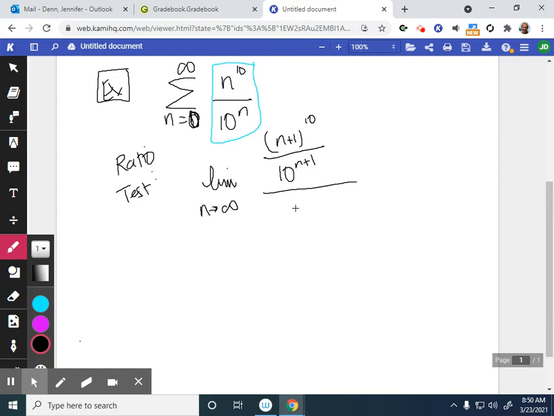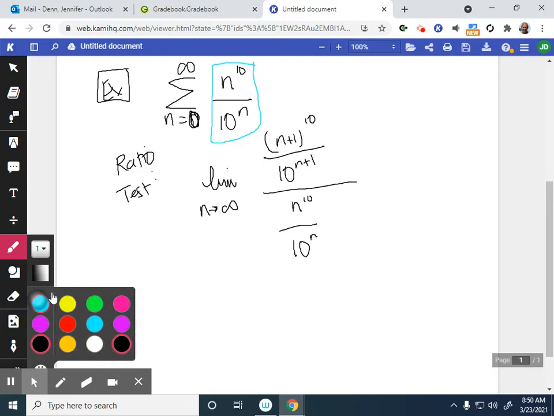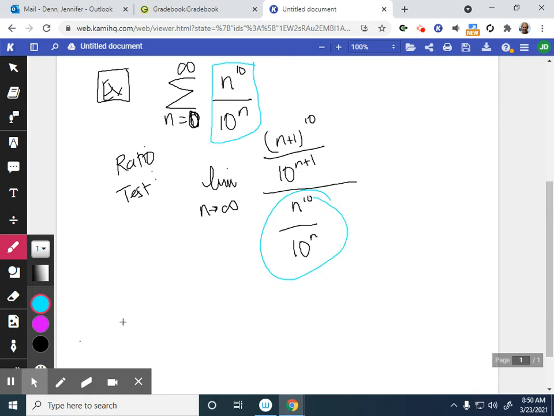And the bottom is going to be the exact same series I see here. Next step is to flip that bottom fraction and use multiplication. So I'm going to have the limit as n approaches infinity of n plus 1 to the 10th over 10 to the n plus 1 times 10 to the n over n to the 10th. Flip that bottom fraction and multiply.